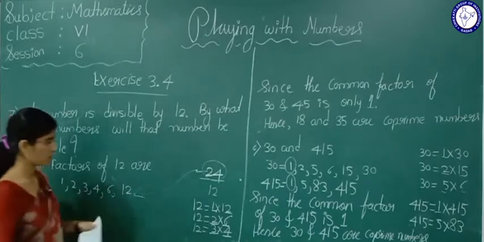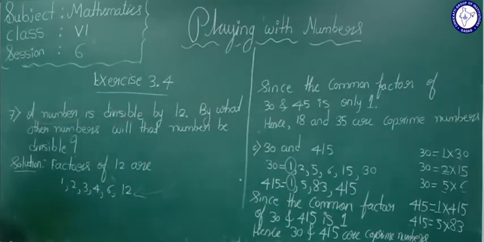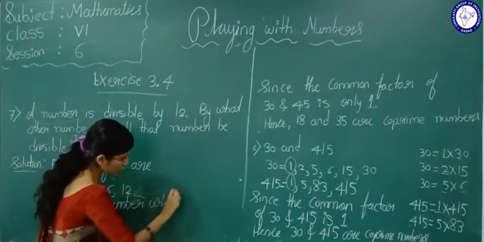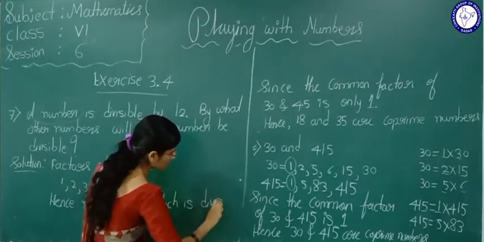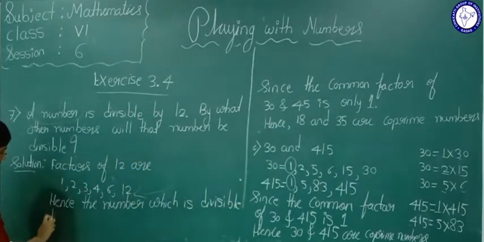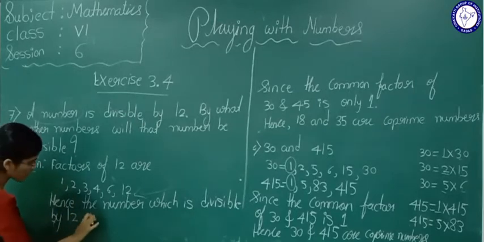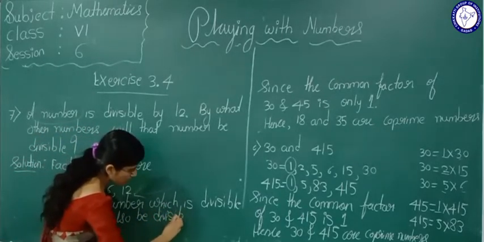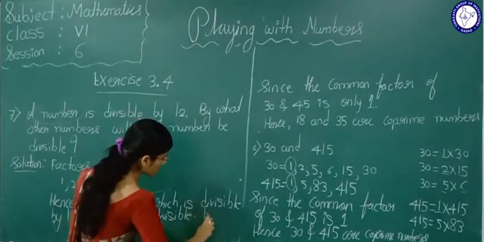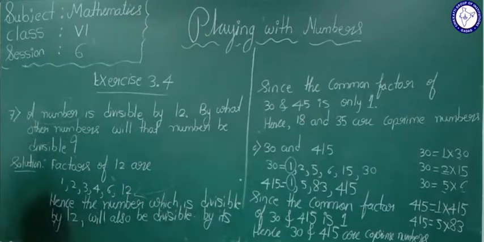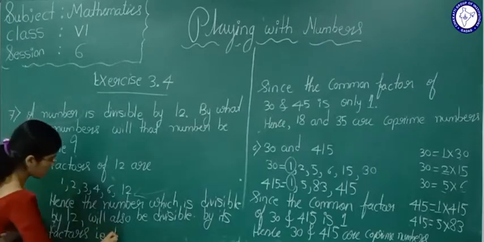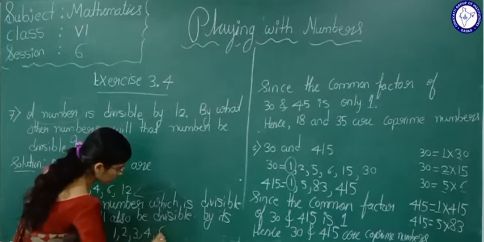See here, the same number is divisible by the factors of 12 also. So what can we write here? Hence, the number which is divisible by 12 will also be divisible by its factors, that is 1, 2, 3, 4, 6, 12.